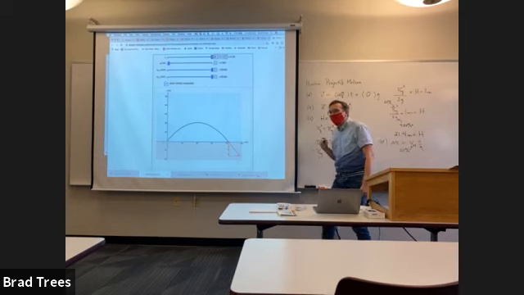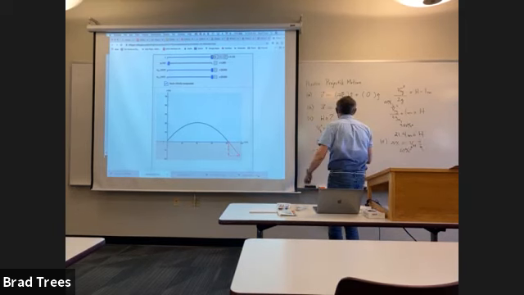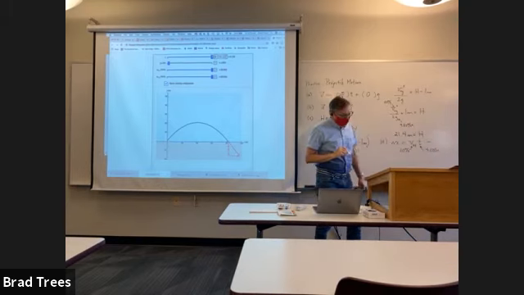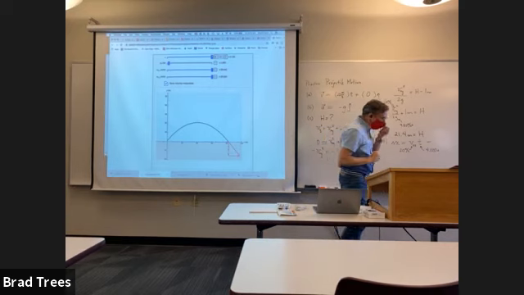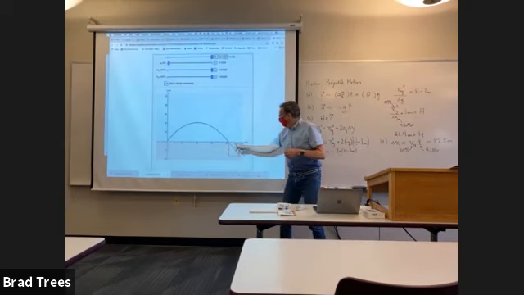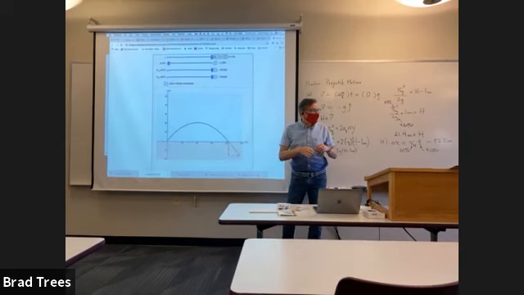What do you plug in for t? 4.12 seconds. You get 82.5 meters, which satisfies the sanity check because we said it looks like it's a little more than 80.